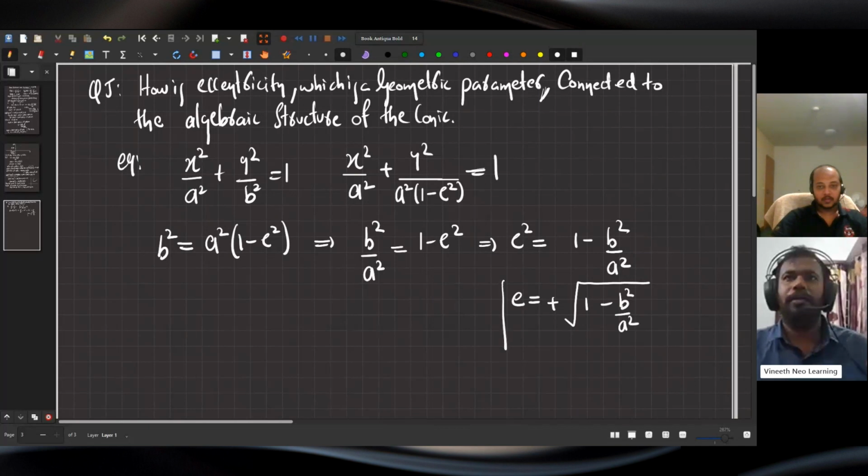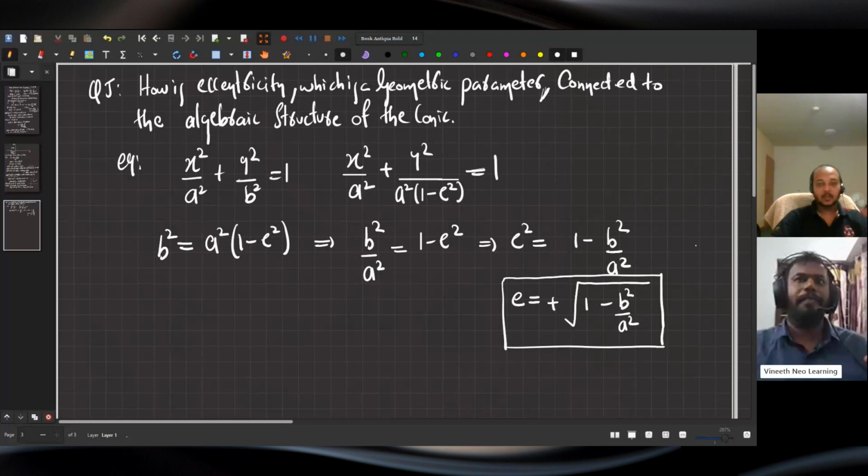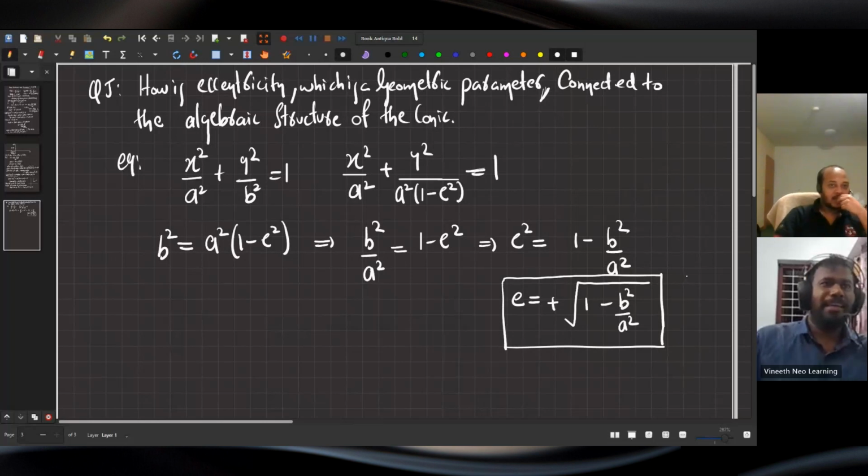This is the formula of eccentricity of an ellipse in terms of a and b. It is not actually based on b squared minus 4ac. This eccentricity can be found from the equation by rewriting it like this.